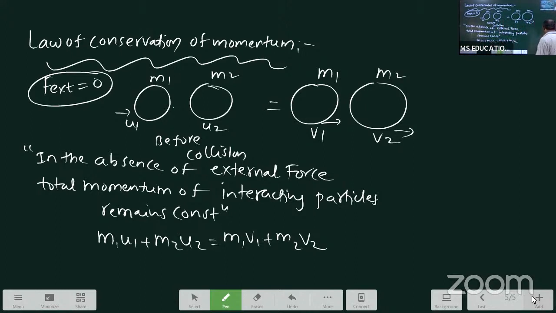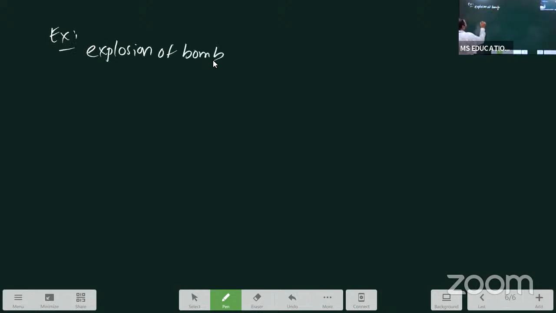Then the examples. For examples, you take VSQ better. Explosion of a bomb: for example, one bomb after explosion goes into two pieces in different directions.